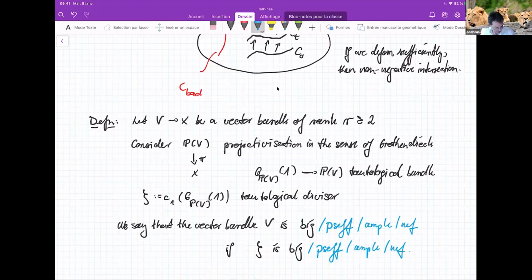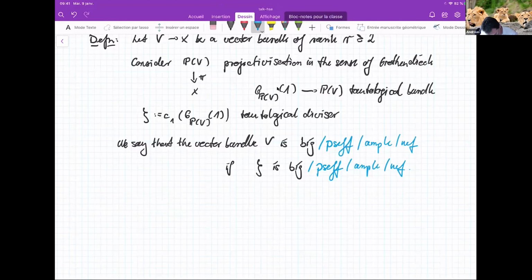And let me give first an example, or rather an exercise where you can check if you understand what happens. If X is P1, then my vector bundle is going to be a direct sum of line bundles, the sum over j equals 1 to r of O_P1(a_j).